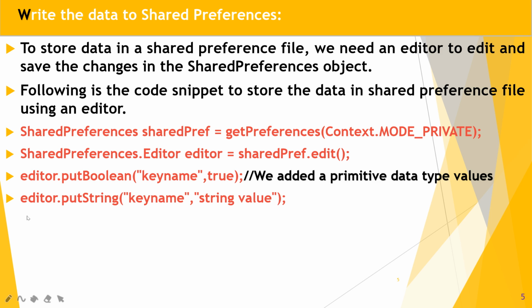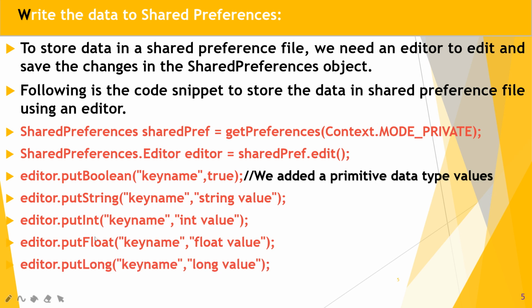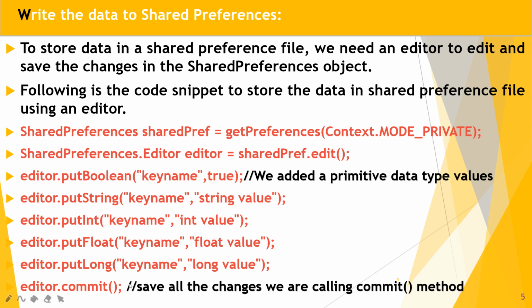So editor dot putString, same key name, string value. By using putInt, putFloat, putLong methods, we can add key-value pairs into the shared preference file. Guys, hope you understand. If you have any doubts or queries, let me know in the chat window or comment box.